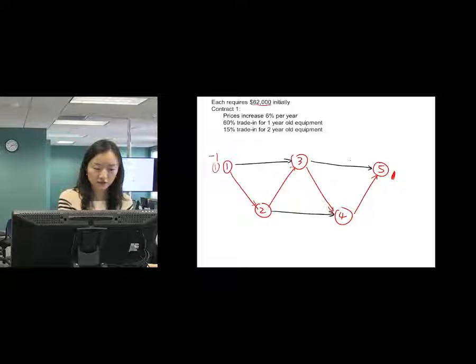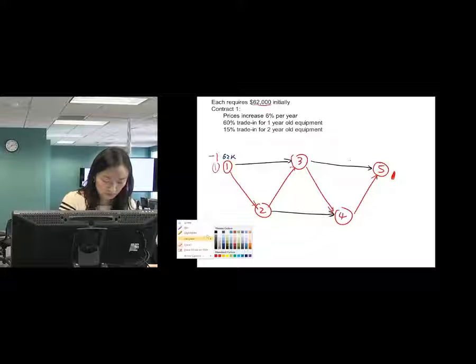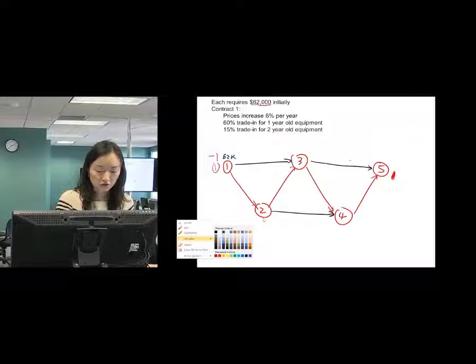So first let's use what we have. Initially we require 62K, so I'll put it here, 62K. Our objective is to minimize the cost, so I'll put the cost as a positive value. Here, initially, this cost will occur. And if we trade in the second year, what happens when you trade in?